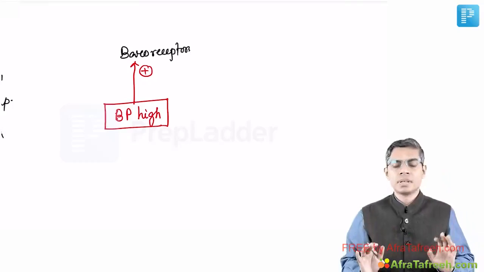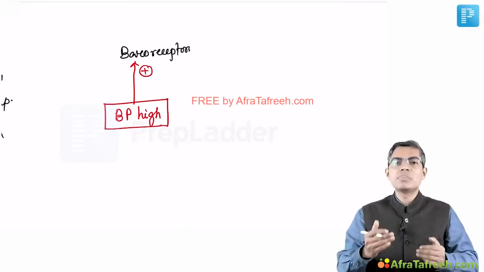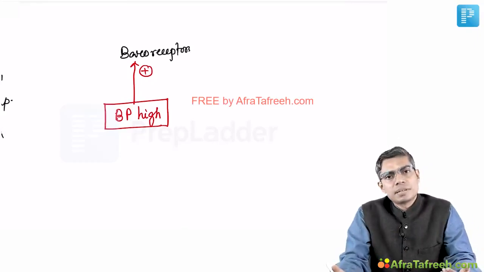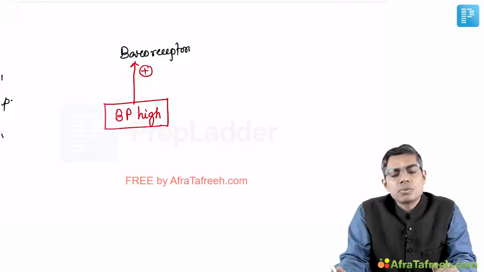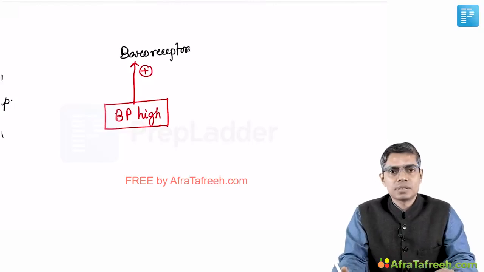Now the obvious question is, how much higher blood pressure do you require, sir? And if the blood pressure is lower, the baroreceptor will be inactivated. How much lowering of blood pressure is required to inactivate the baroreceptor completely?